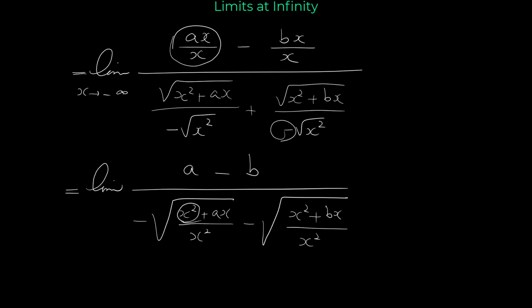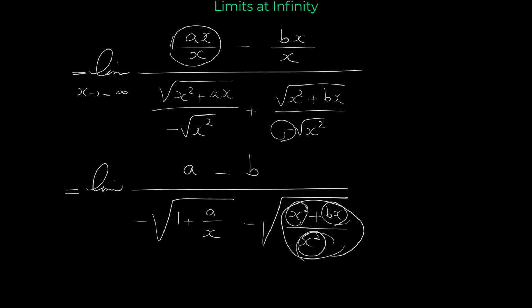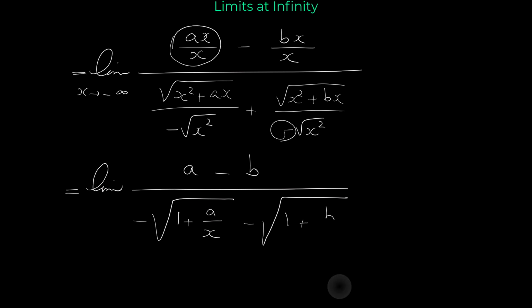So I am going to simplify the inside of the radicals. 1 plus ax over x² is a over x. Here also x² over x² is 1, and bx over x² is b over x. So we have 1 plus b over x.